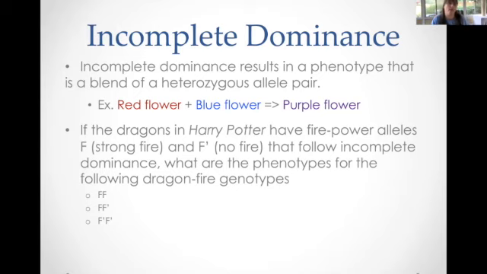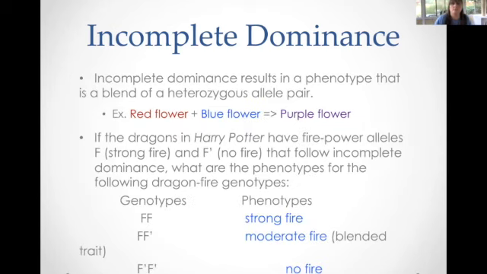But if we have one F apostrophe, that's right in the middle. So what is right in the middle of strong fire and no fire? That would be moderate fire. So not strong, but it's not gone. So the blended trait for the fire would be moderate.